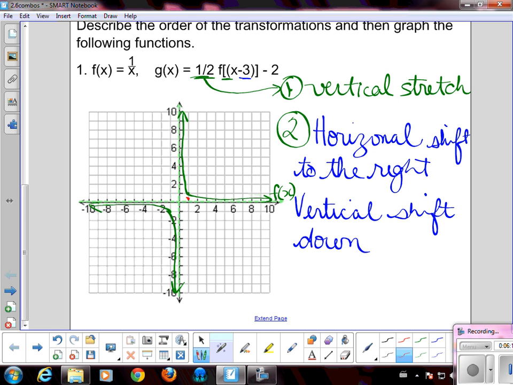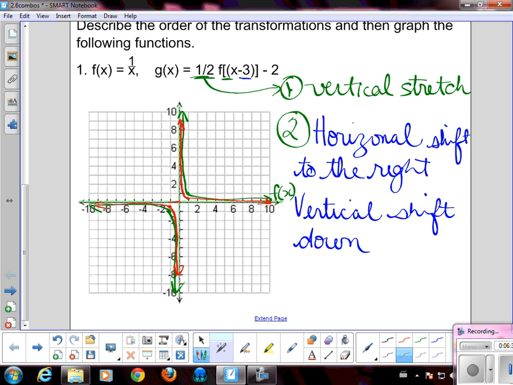The same thing here, I'm going to go to the left 1 and down 1/2. Okay, so what we end up with is a graph that looks very, very similar. The only difference being the distance between the asymptote lines.